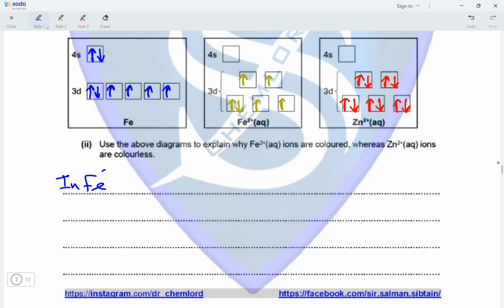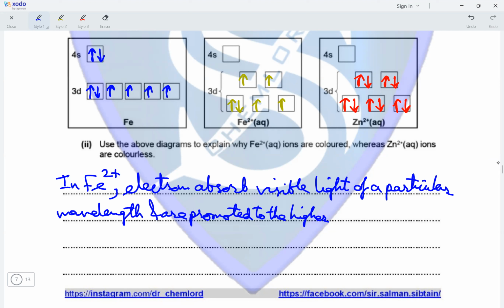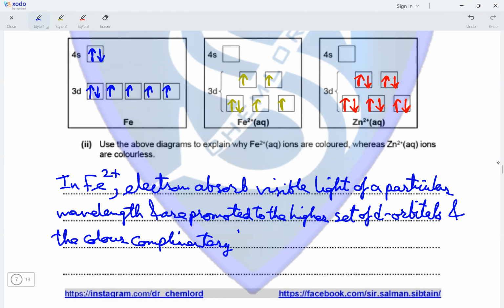So in Fe2 plus, electrons absorb visible light of a particular wavelength and are promoted to the higher set of d orbitals, and the color complementary to the wavelength absorbed is observed.